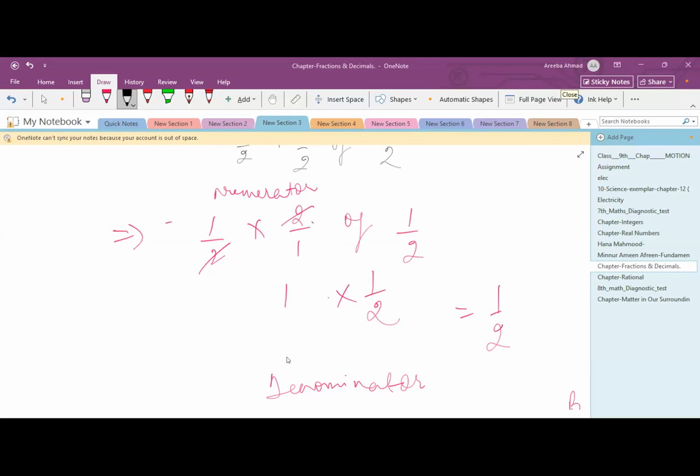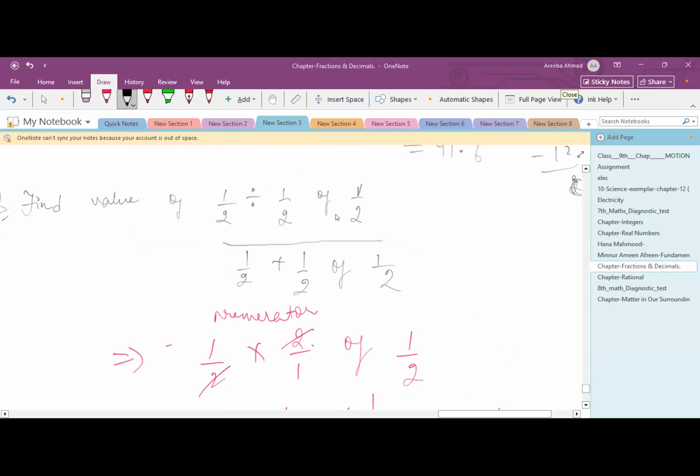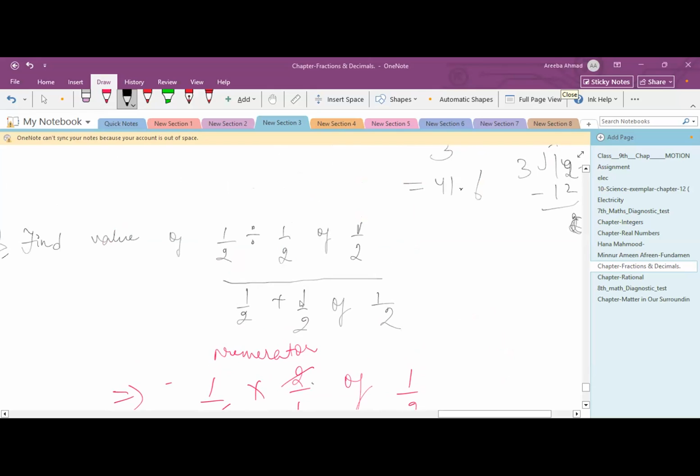So first you will do 1 by 2. So first, 1 by 2 into 1 by 2 divided by 1 by 2. No, see, BODMAS. That means the division part comes first. That means still I will be solving this part first and then this part. Right?